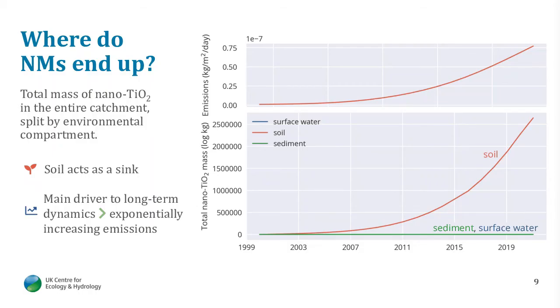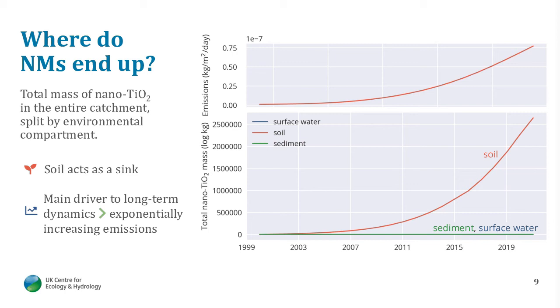And so these are the kinds of questions we can begin to answer with this type of model. So here, this graph on the right, I'm just giving you an overview of the total mass of nano-titanium in the entire catchment, split up by environmental compartments: soil, sediment and surface water.